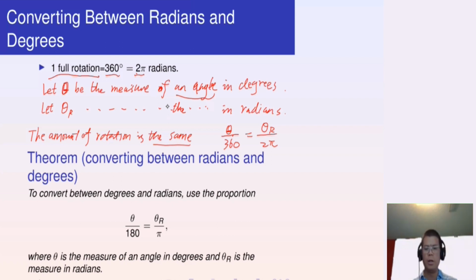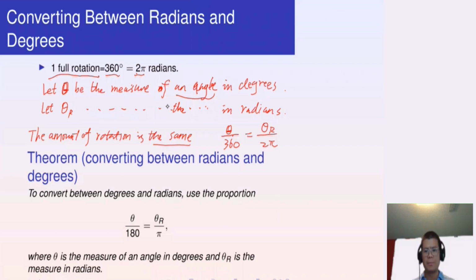Theta over 360 is also the fraction of a full rotation for this angle. So they're all measuring the same amount of rotation. So these two fractions should be exactly the same.